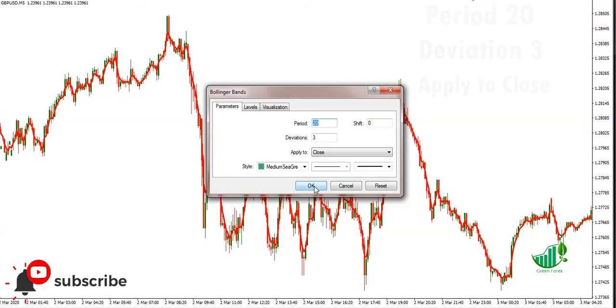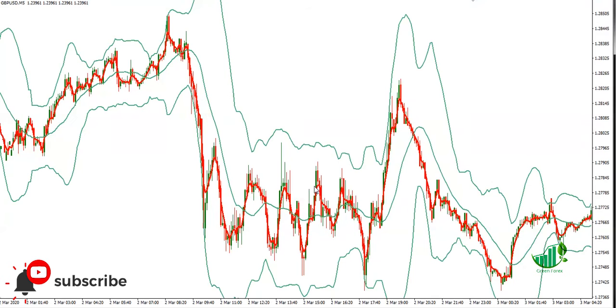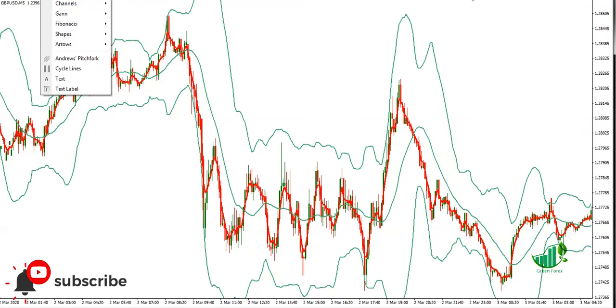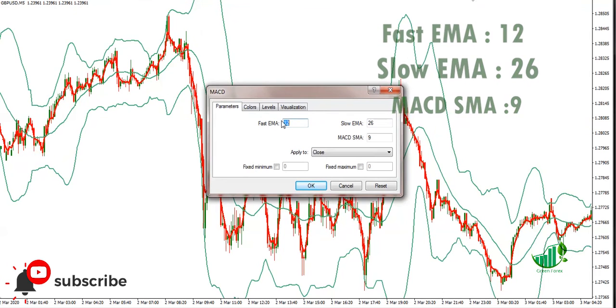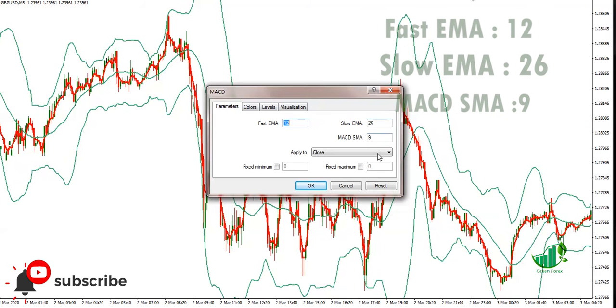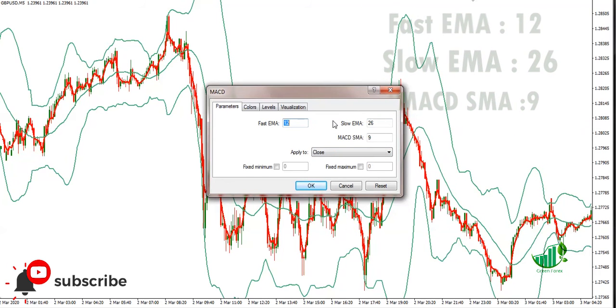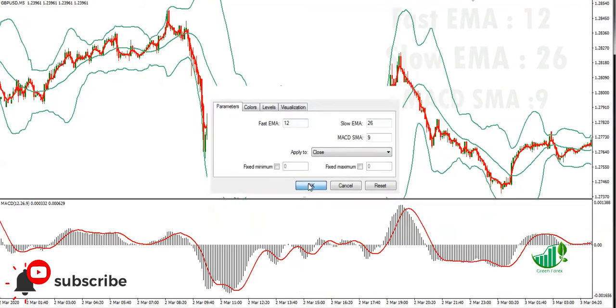Just click on that. Have you noticed all the figures carefully? The third one is MACD, that is 12, 26, 9. Have you tried that? 12, 26, 9. Now apply that.